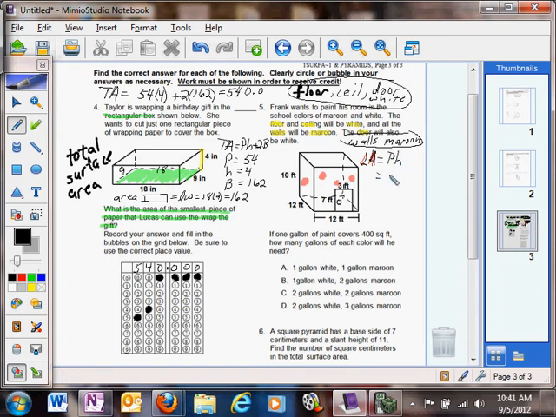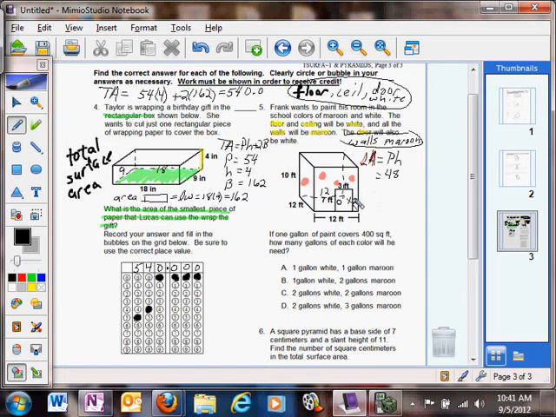Well, what's big P? Big P is the perimeter of the base. So I'll have 12, 12, and another 12 over here, and another 12 back here. 12 plus 12 is 24, and another 24 gives me 48, or 12 times 4 is 48. So big P is going to be 48, and I can use my calculator for that if I needed to.